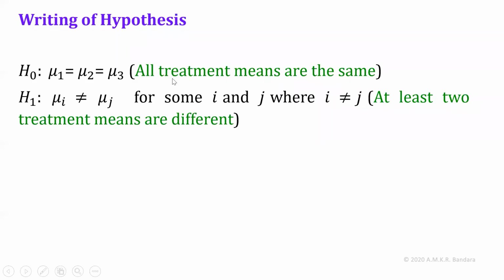Mean of all diets are equal. Likewise, in the alternative hypothesis, you have to write at least mean of two diets are different. At least mean of two varieties are different. At least milk yield of two cow breeds are different. Likewise.